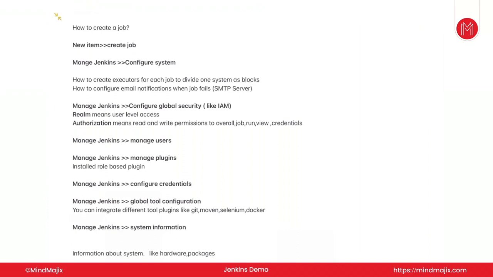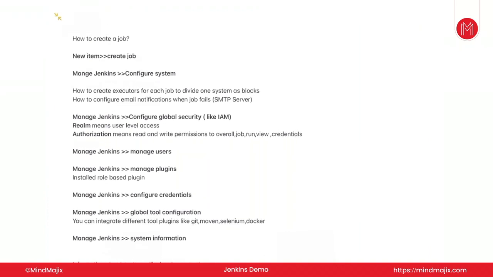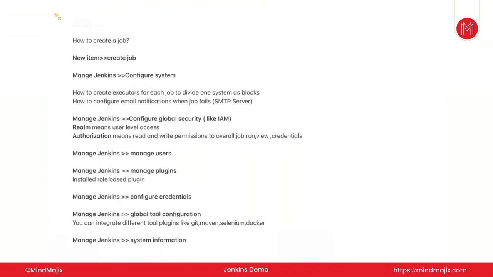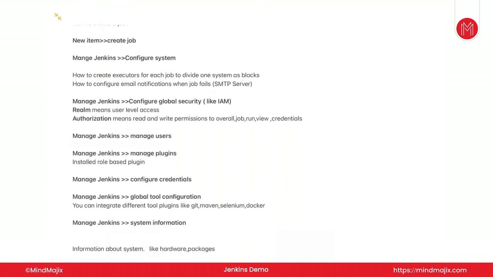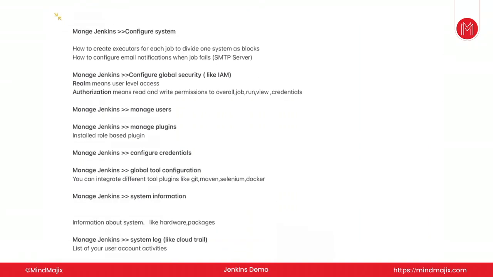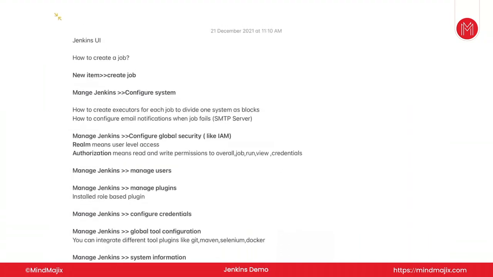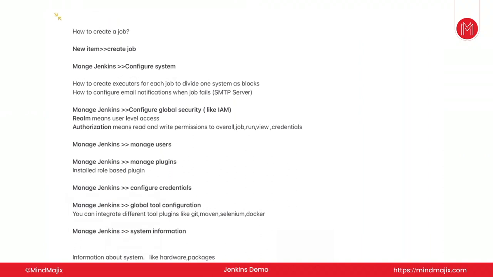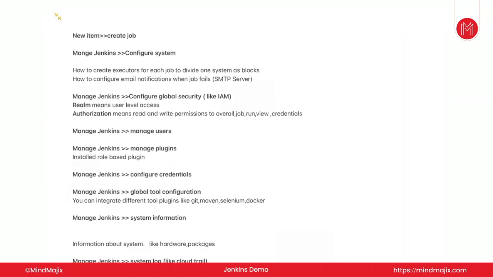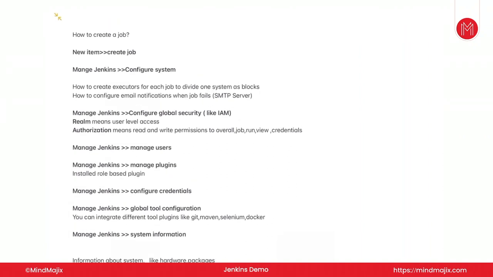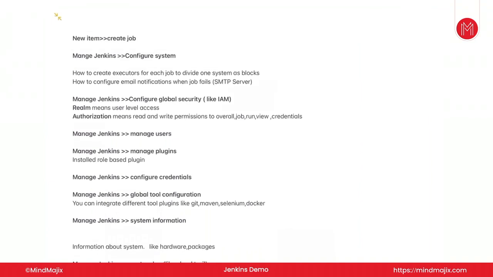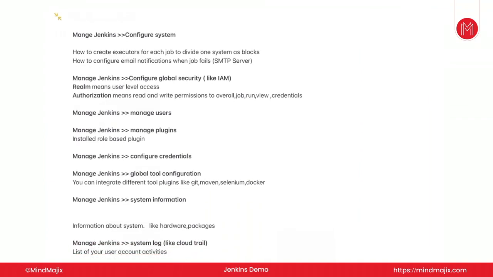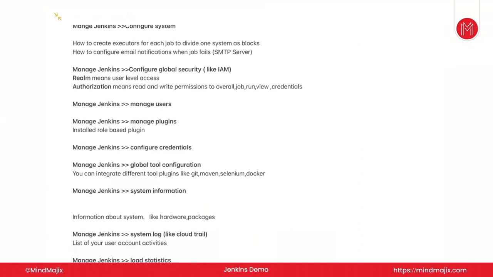When Jenkins pulls the code from GitHub, we can turn those modules into jobs. If those jobs fail due to some errors, and there are a number of jobs in Jenkins, you need to monitor them, so I will explain how to configure an email notification when a job fails.